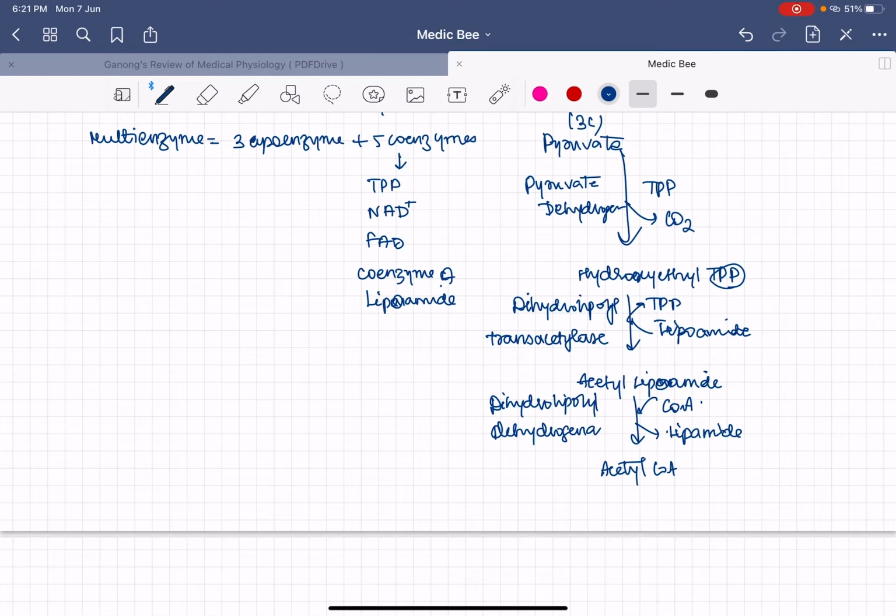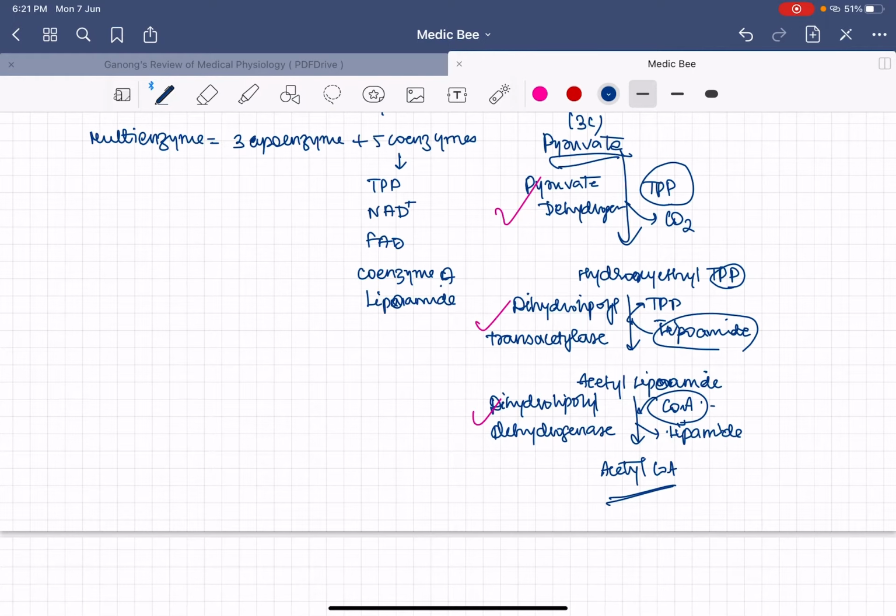So we see the 3 apoenzymes here. The first is pyruvate dehydrogenase, the second is dihydrolipoyl transacetylase, and the third is dihydrolipoyl dehydrogenase. With these 3 enzymes, pyruvate, the initial substrate, is converted to acetyl CoA. Here there is a requirement of TPP, lipoamide, and coenzyme A.